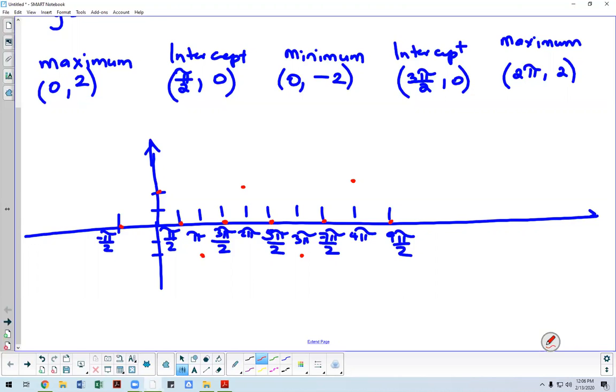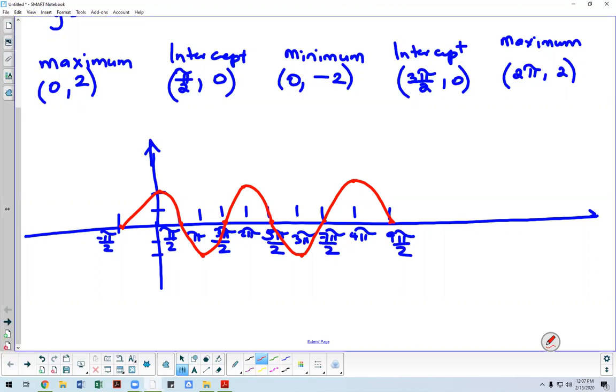So you're basically going and making your little wave of the cosine function. And then that should be closer, but hopefully we can get a decent shape out of this.